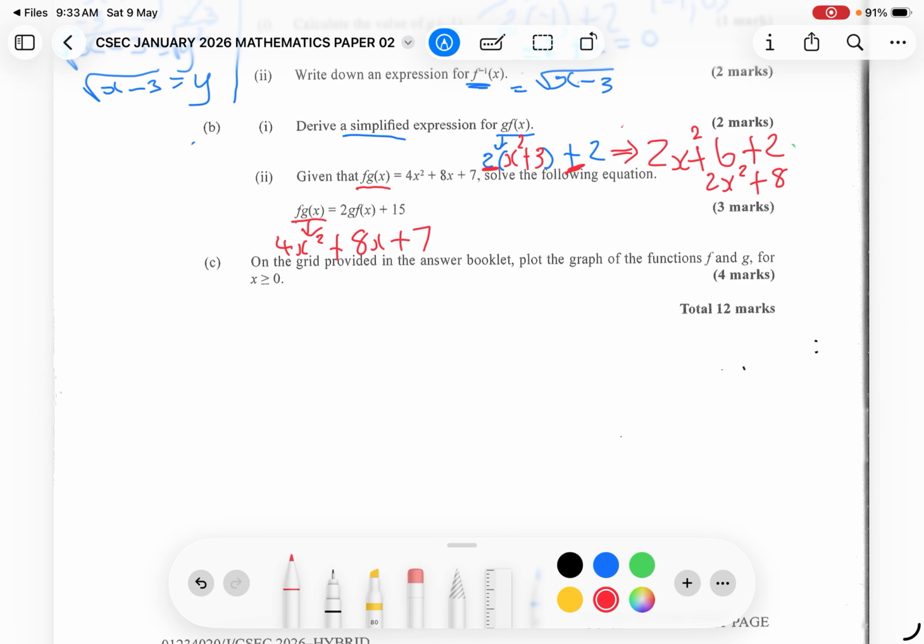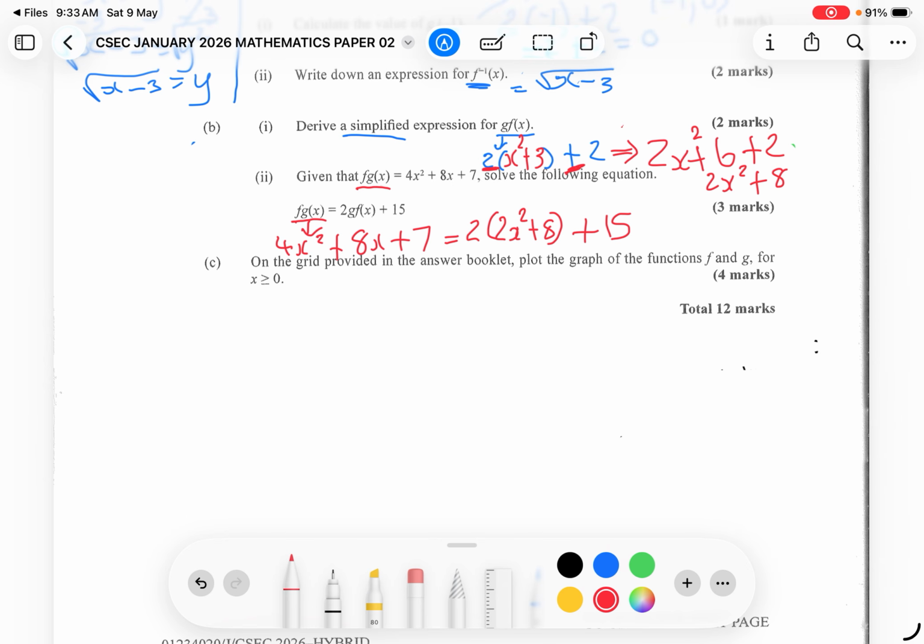So that is the expression of f of g of x. But they're also saying it's equal to 2 times the g of f of x function plus 15. So I'm equating that. What am I putting inside this bracket? We just worked out what g of f of x was. So that's 2x squared plus 8.